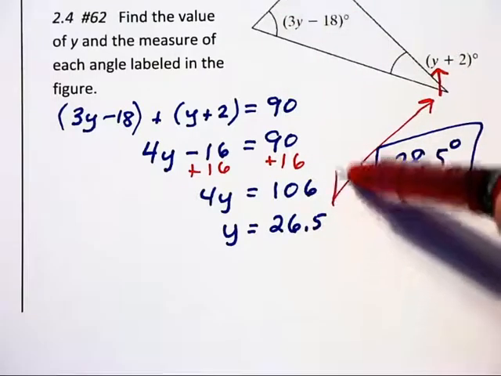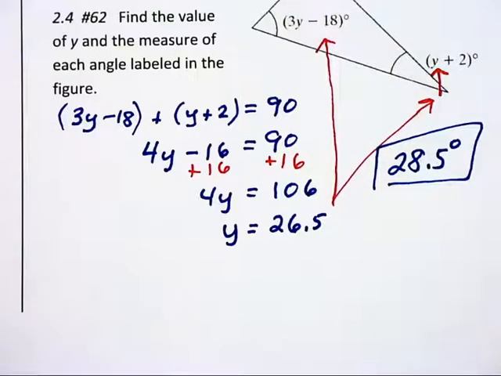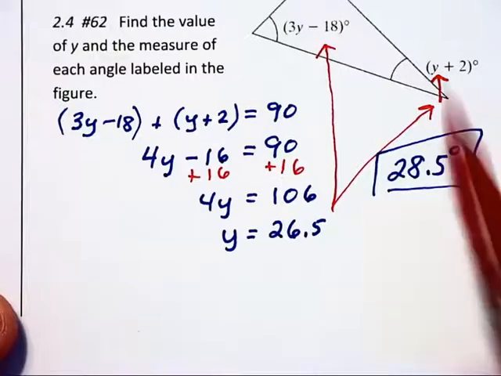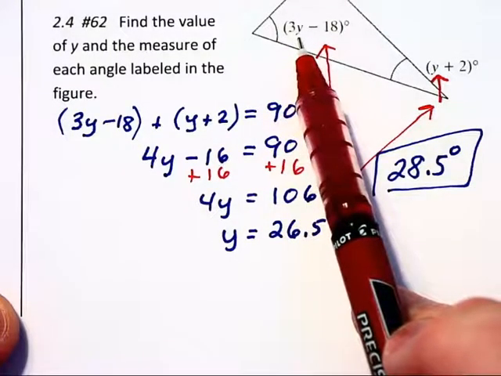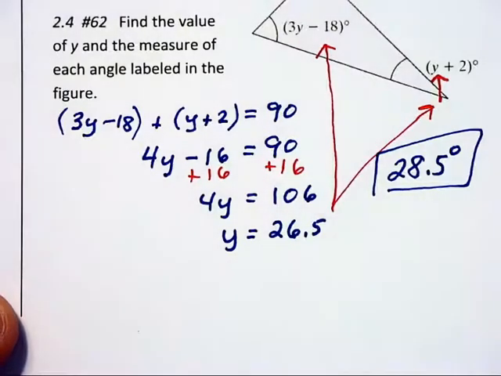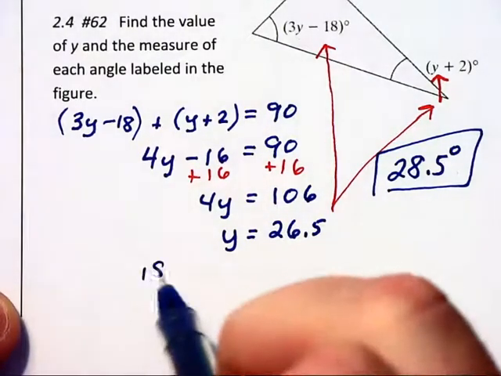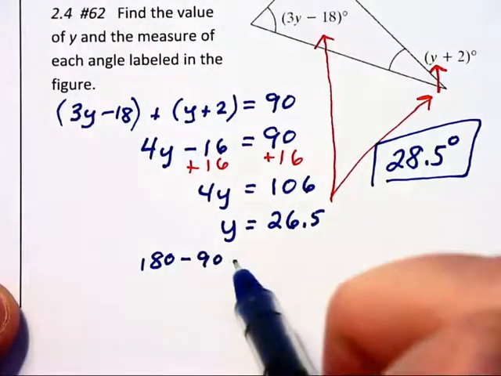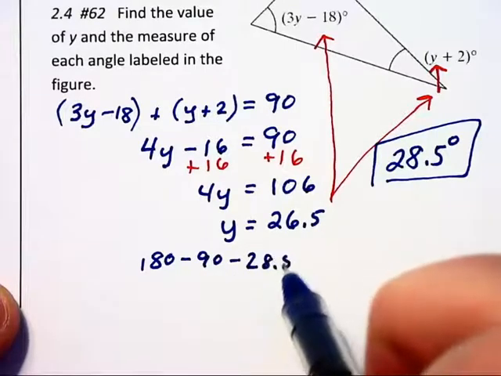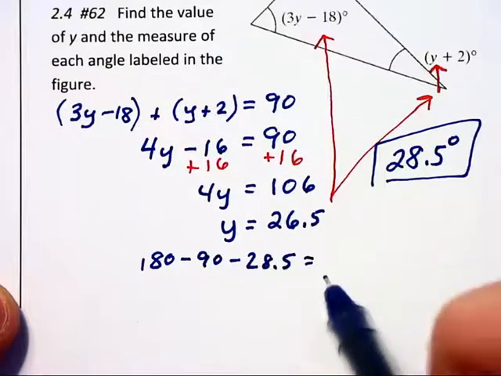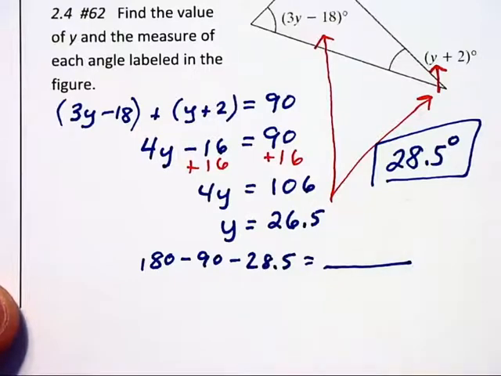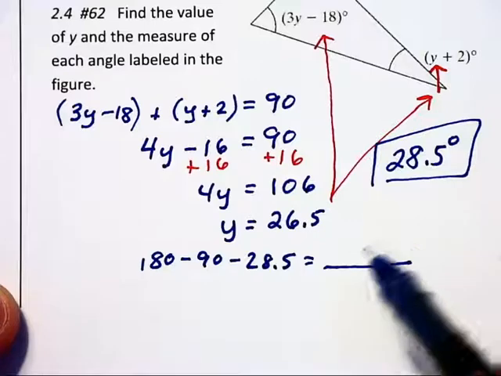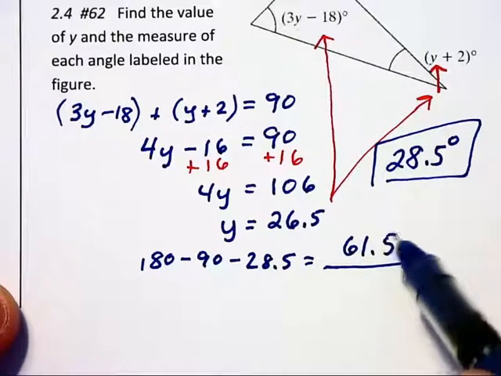And then we have two choices on how we get this remaining angle. We either go 3 times 26.5 and then subtract 18, or we start with the 180 degrees for the triangle, subtract off 90 for the right angle, subtract off 28.5 degrees, which we just found, and that will give us the remaining angle there, which happens to be, let's subtract, 90 minus 30 is 60, add the 1.5 back in, 61.5 degrees.